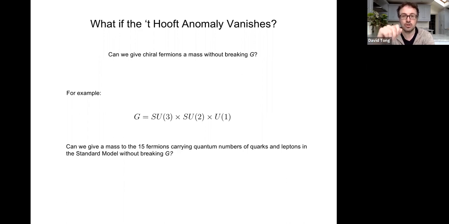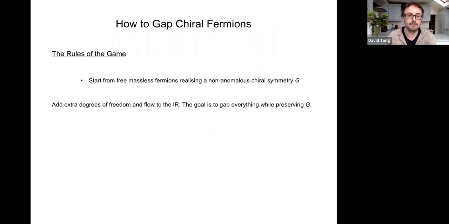So symmetric mass generation is the idea that it might be possible to give fermions a mass preserving some chiral symmetry in certain contexts. It started really with work of Fidkowski and Kitaev about 10 years ago, thinking about interacting topological insulators and various discrete symmetries. But as I said, there is a whole story to tell about discrete symmetries. It's in the paper, but here I'll just focus on continuous symmetries.